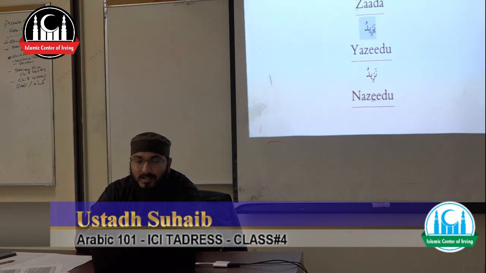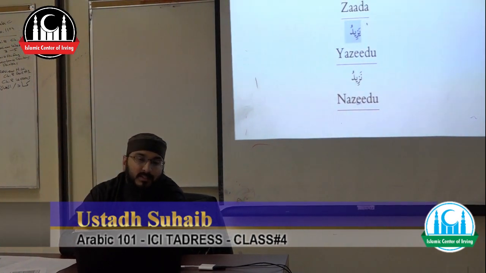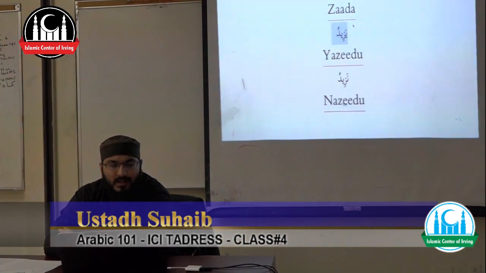This is a different example of a different type of word that we see come up in sarf. So I'm not going to focus on this one especially as much because this requires some knowledge of sarf, the knowledge of morphology, to be able to understand why it looks like this.